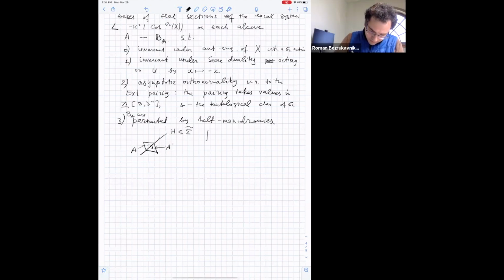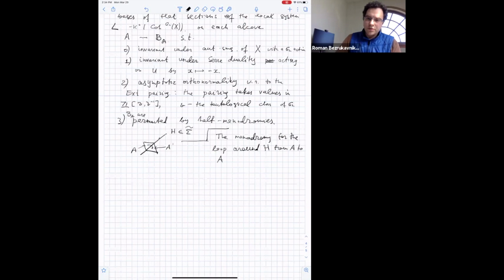So the monodromy for the loop around H, which starts and ends in A, is, well, some automorphism of the category, and also automorphism of the K group. So let's call it M.